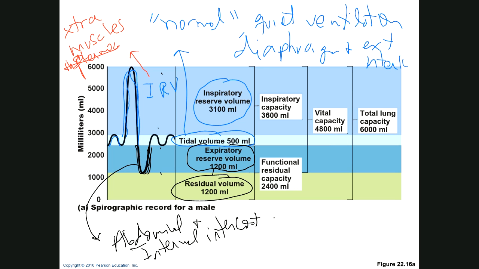The capacities are more than one volume added up. Out of the capacities, one of the most important is vital capacity, because vital capacity refers to the maximum volume of air that can be moved in and out of the lung, when you're using every single possible muscle that you can use to breathe in and breathe out.